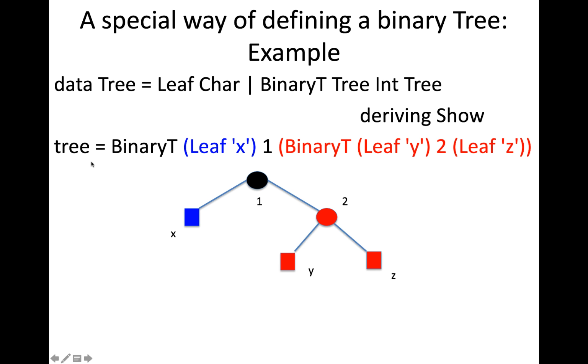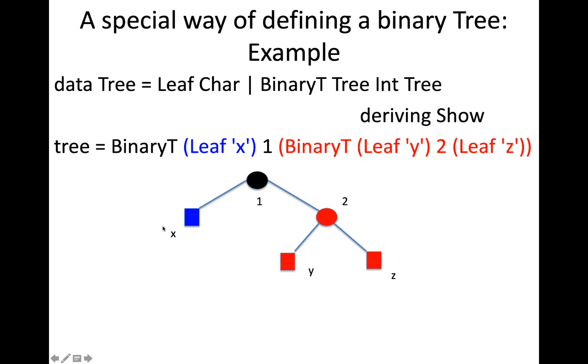Let's call it tree. And then this tree, if you look at the root node, has a left subtree and a right subtree. So it is of this type, right? It is not a leaf, it is of this type. So that's why we are writing binary t.